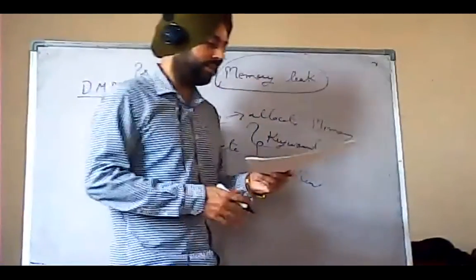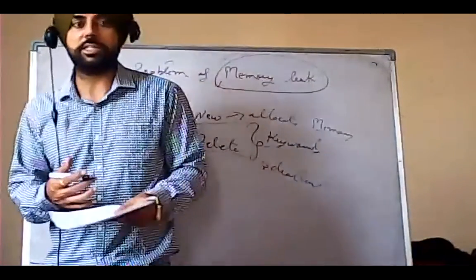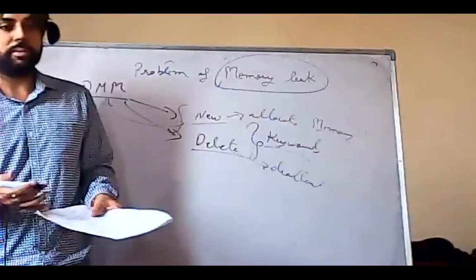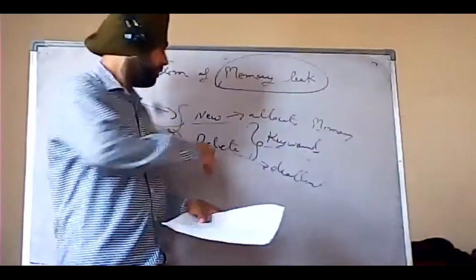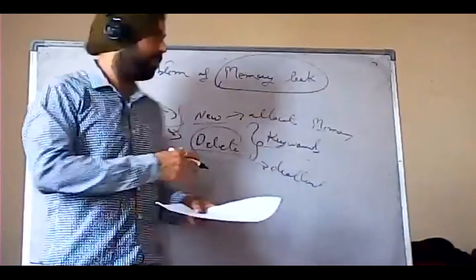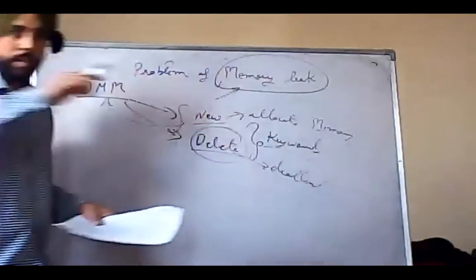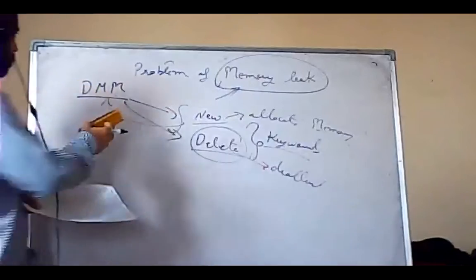At that time this problem will occur. That means in this case we use the new operator, but we forget to use the delete operator. That is why we say it is a memory leak problem. How does it happen? I'm just going to take one example.